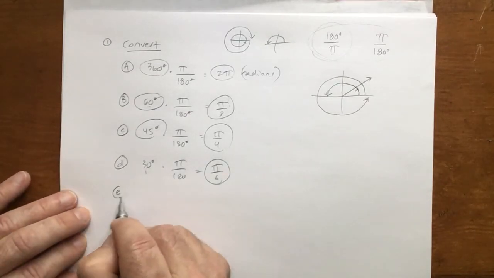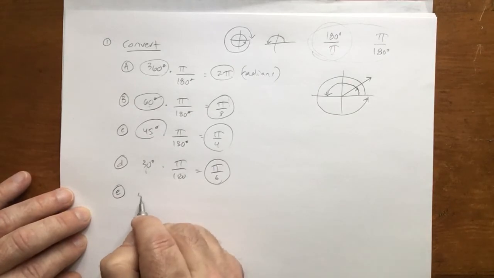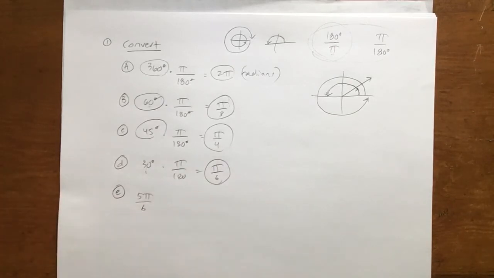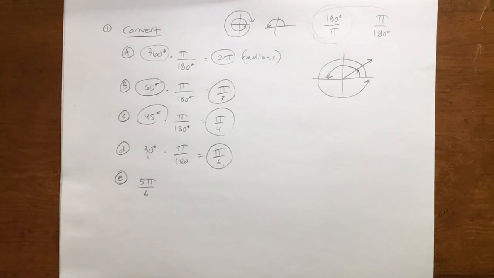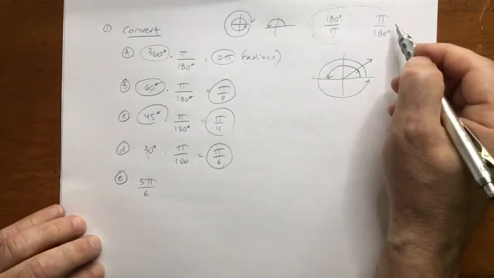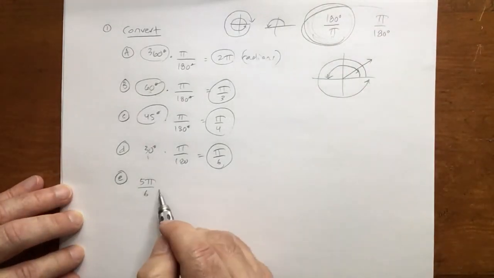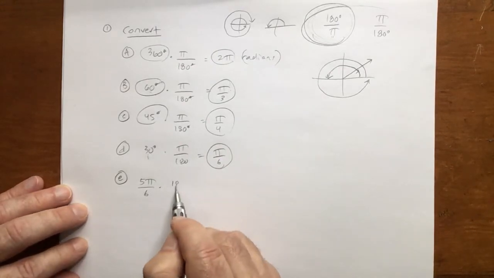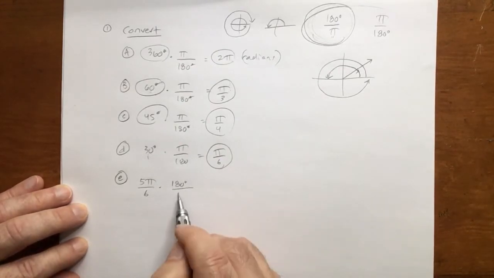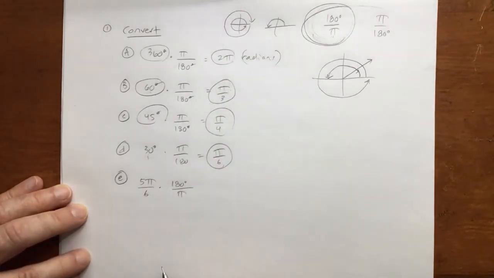Okay, but now let's go backwards. Let's say I tell you, here's an angle measure. Note I didn't write any units. Okay, it's implied then that that's measured in radians. And if it is, well, I'm going to try to get rid of the radians now and convert this into degrees, so I need to use the conversion factor upside down from how we've been doing it.